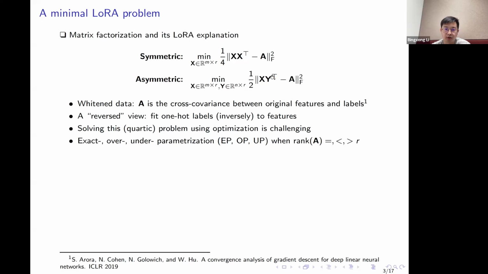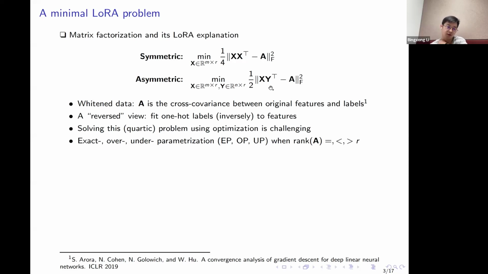Perhaps the most important reason for adopting matrix factorization as a prototypical problem for studying LoRA is that this problem is solvable using linear algebra. Basically, it means that we know where the global optimum is, right? But unfortunately, optimization is never a great tool for solving this problem.